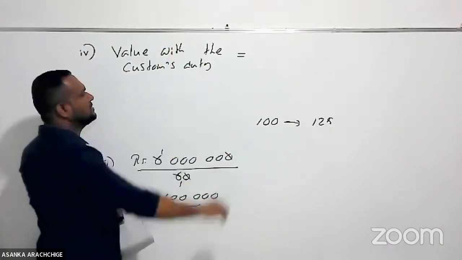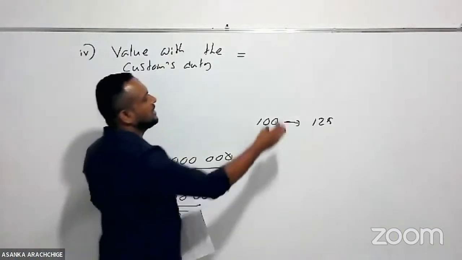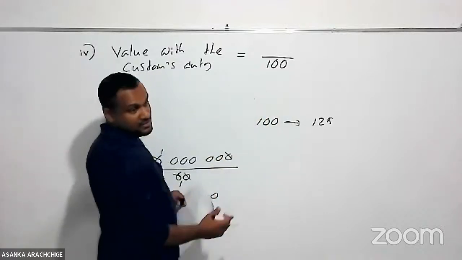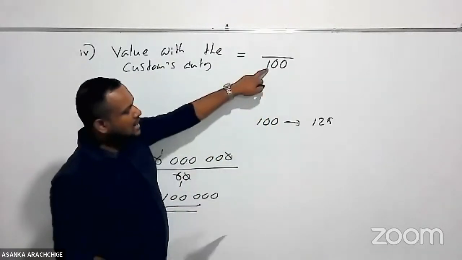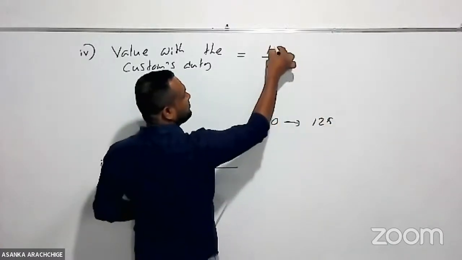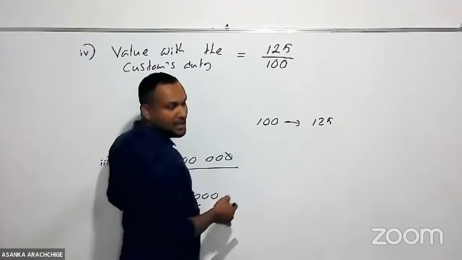Value with the customs duty: if the value before the customs duty is 100 rupees, with the customs duty it becomes 125.